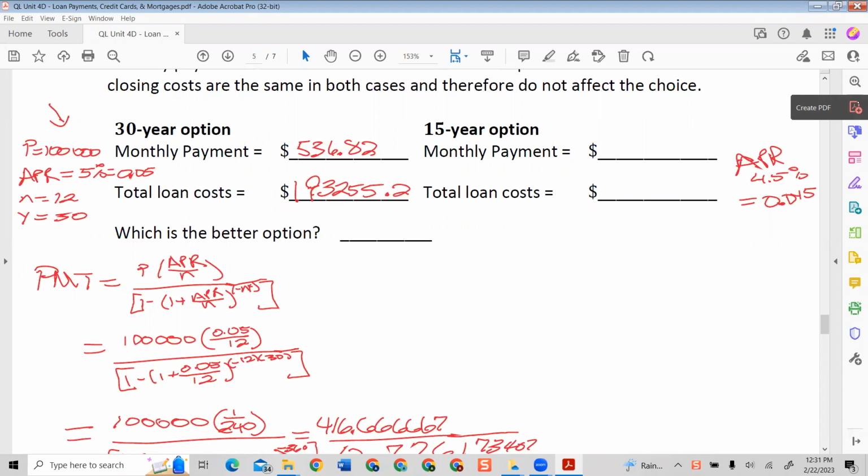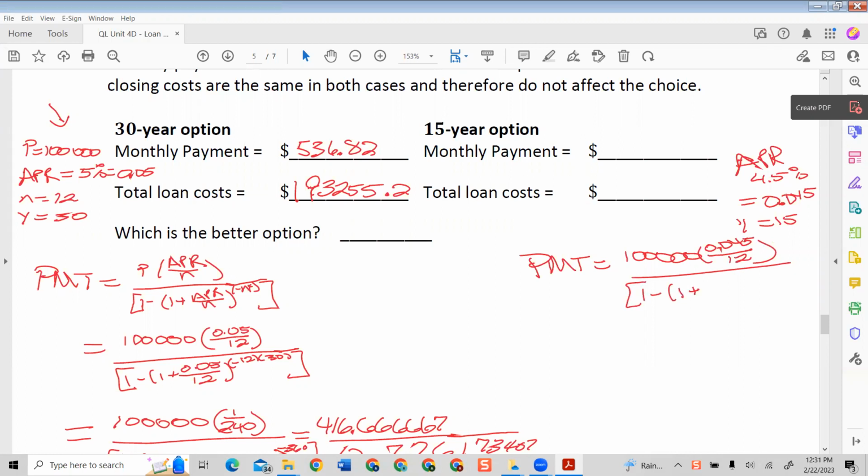$0.045, and then my Y is going to become 15. So let's just plug it in. So I got 100,000 times 0.045 divided by 12, all divided by. And then we're going to just finish writing it in.